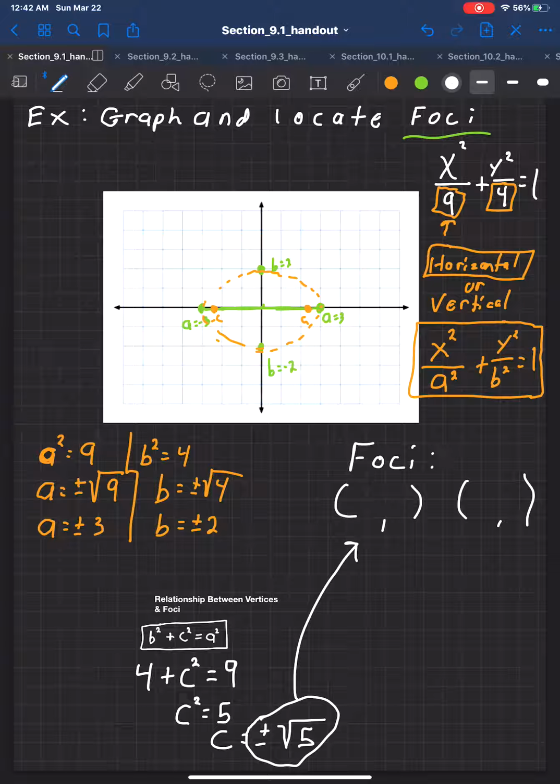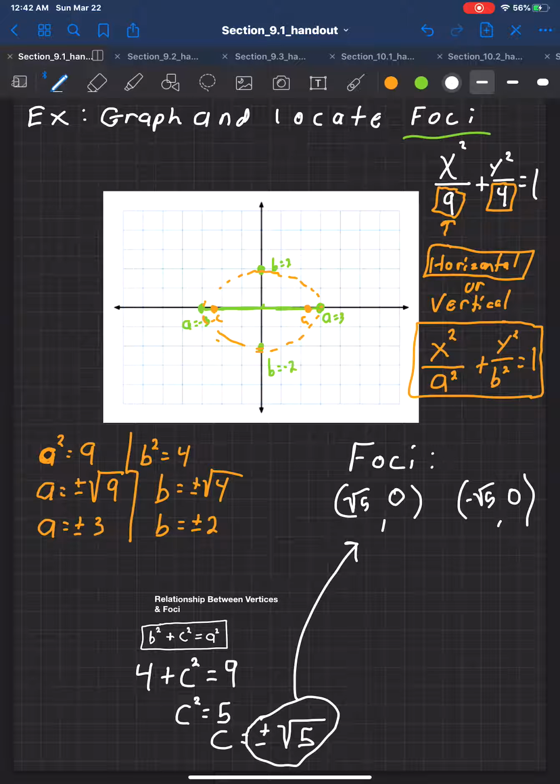So in this case, the y value is obviously 0. The focal points are going to be at the square root of 5 and negative square root of 5.